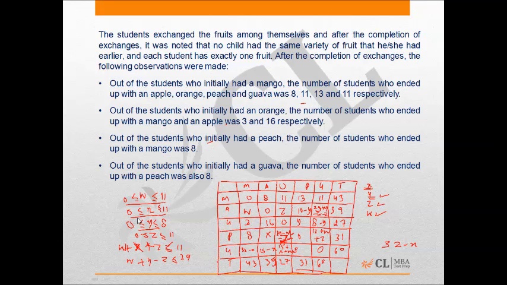Similarly, for X, this case is the same, and Y lies between 0 and 8, both including, and Z also 0 to 11. And the value of W plus X plus Z will have to be less than or equal to 11, and that of W plus Y minus Z, 29.